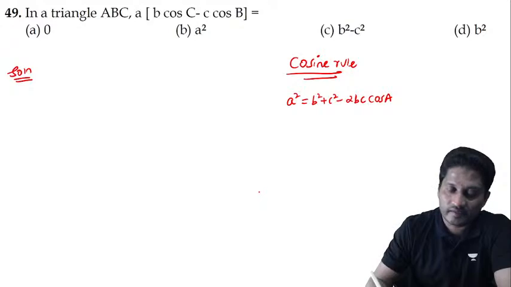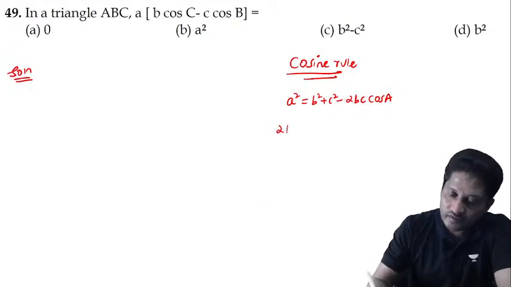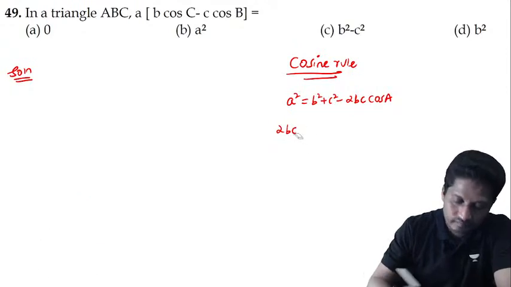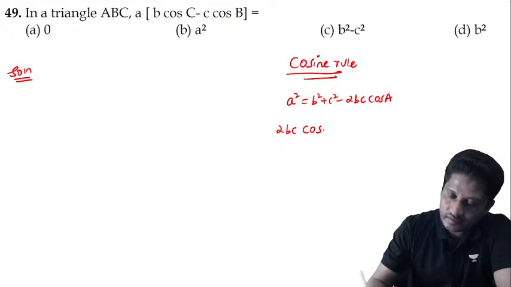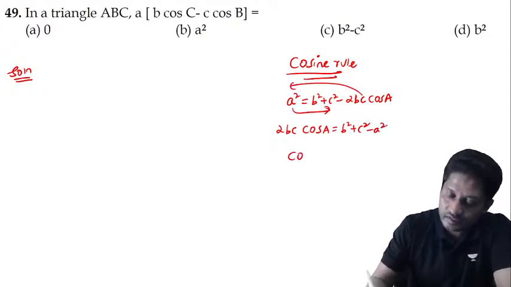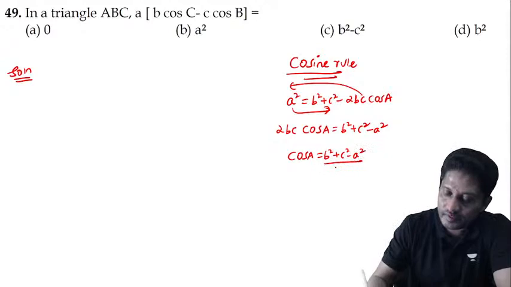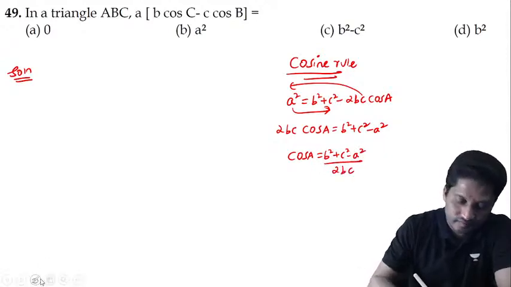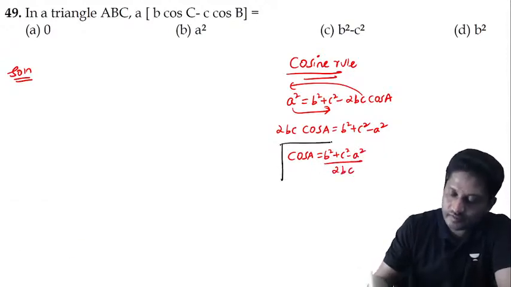So this is cos A. From this, 2BC cos A is equal to B square plus C square minus A square. So cos A is equal to B square plus C square minus A square divided by 2BC. This is the value of cos A.